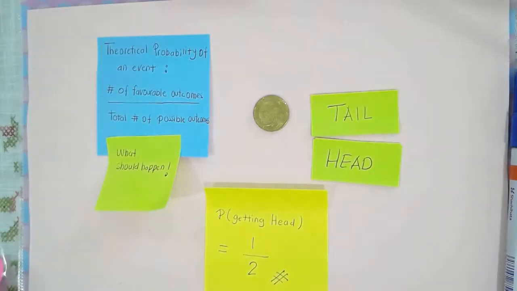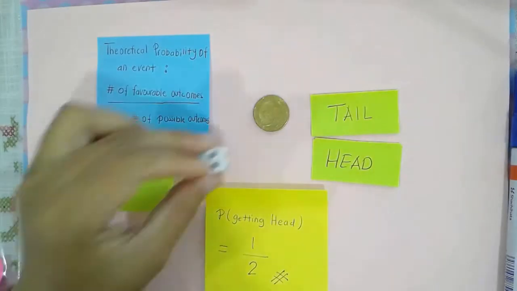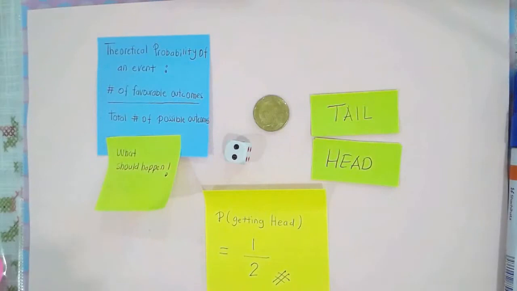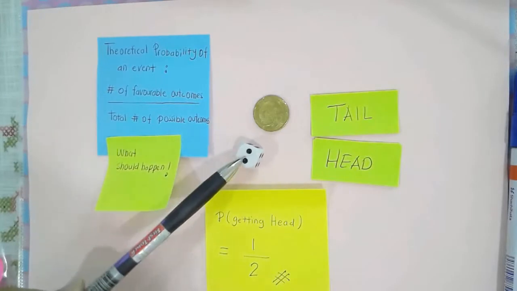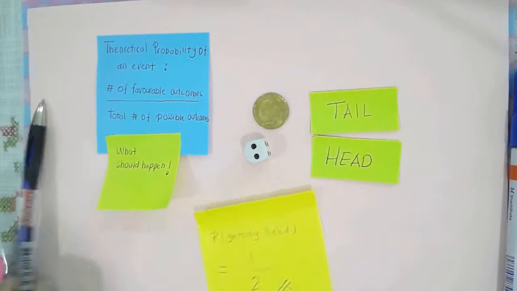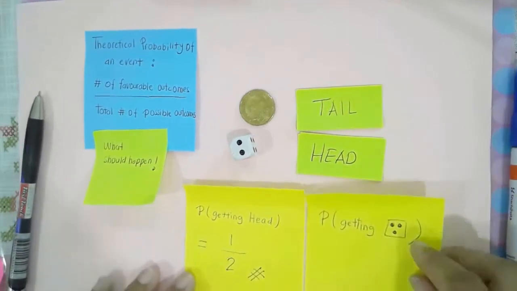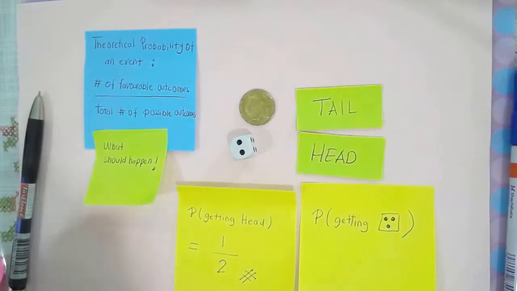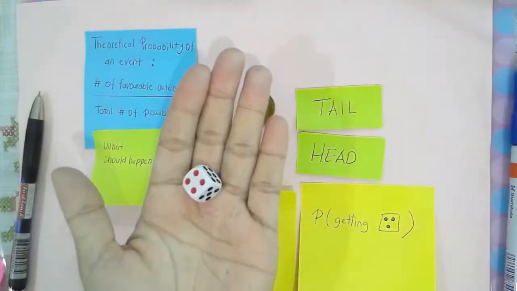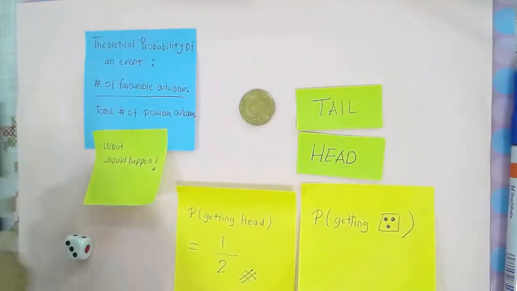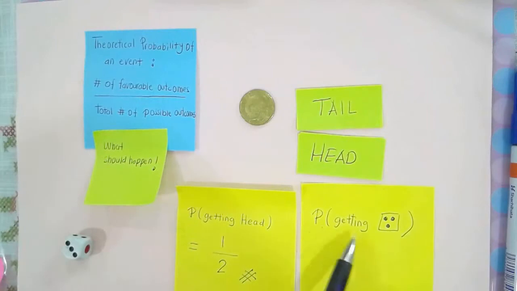Now, if I roll this die or number cube, how many possible outcomes are there? Yes, there are 6 possible outcomes. And if I am interested to find the probability of getting 3 when I roll this die, what is the theoretical probability of getting 3?